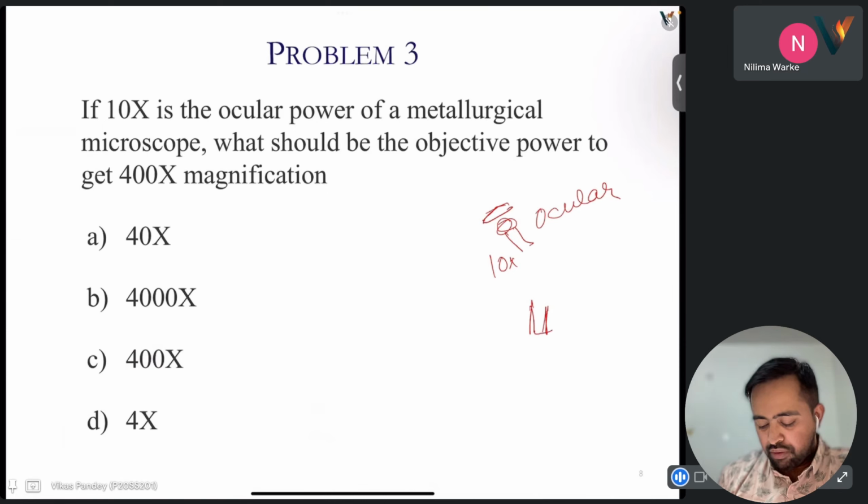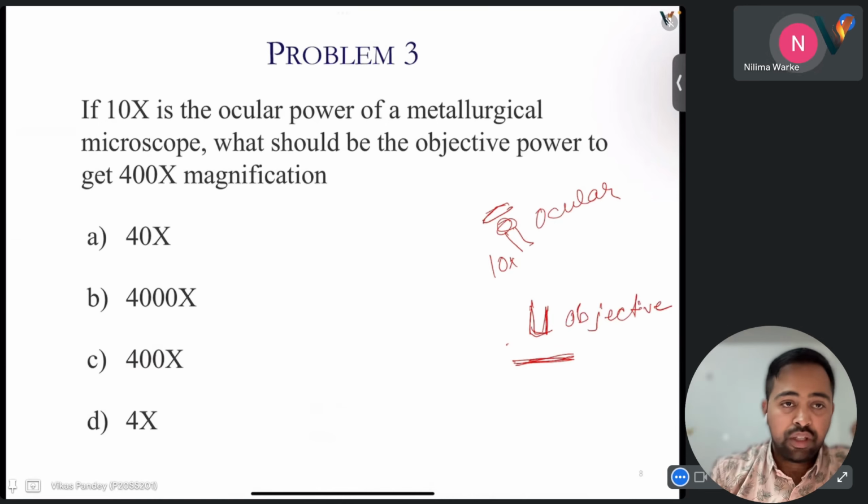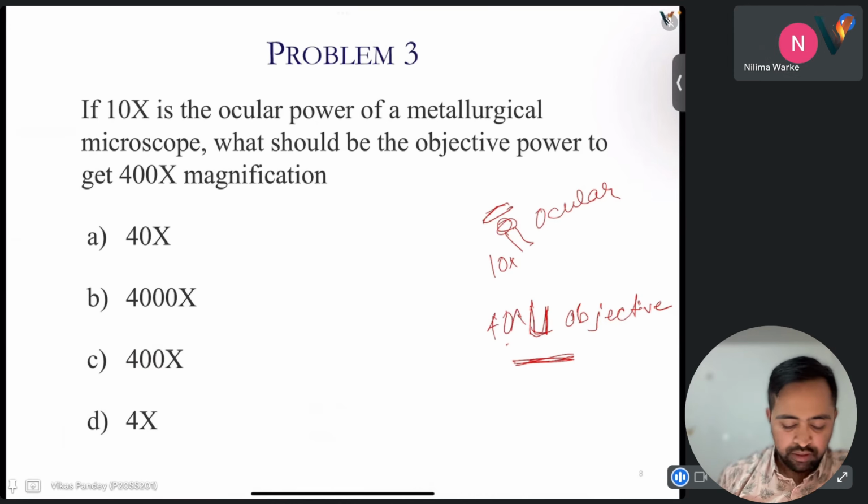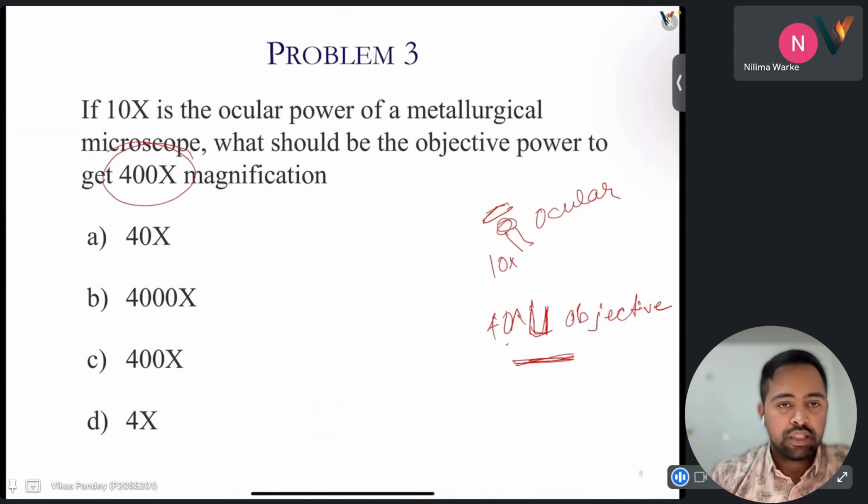What will be the power of the objective, the one near the sample or object, to get 400? It will be 40x, because 10 multiplied by 40 gives 400 times magnification. And what is this metallurgical microscope?